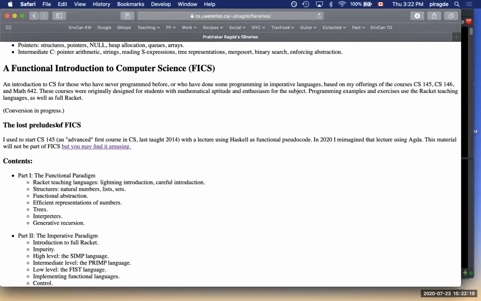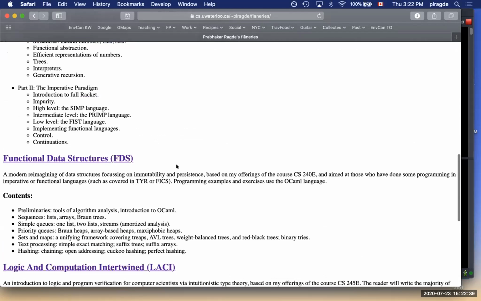I did this just a month ago, using a proof assistant, not the one that Pierce used, but another one called Agda, which I spend a lot of time on in Logic and Computation Intertwined. That's something that you might look at later on when you have time. Just keep it in mind.